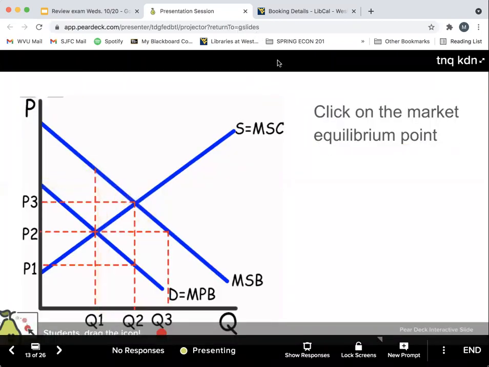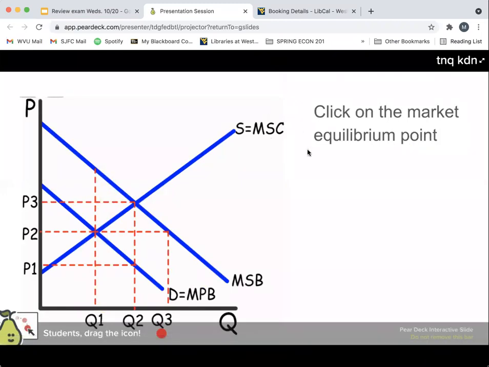moving on to a graph of externalities, it looks like. So we're looking at the marginal social cost, marginal social benefit, and then the marginal private cost, marginal private benefit, okay? So first they're going to come in and say, click on the market equilibrium. So once again, this is a little bit of a trick question. We have two kind of crosses here.